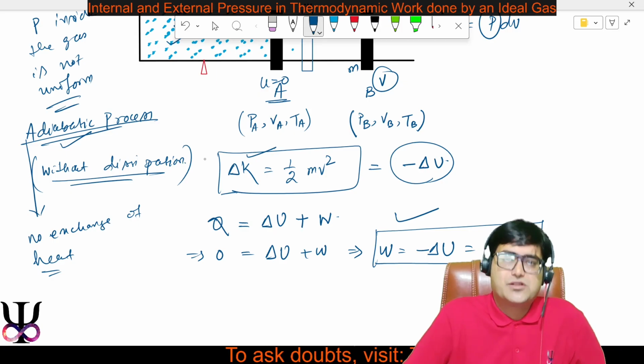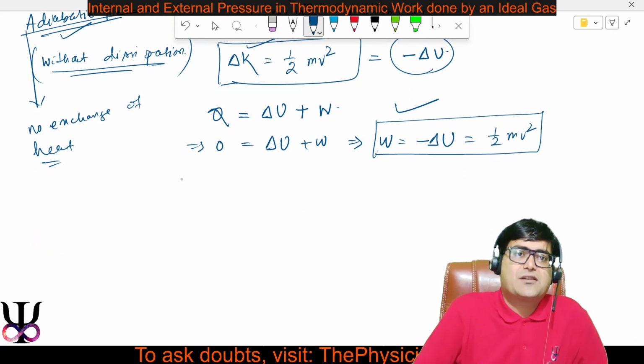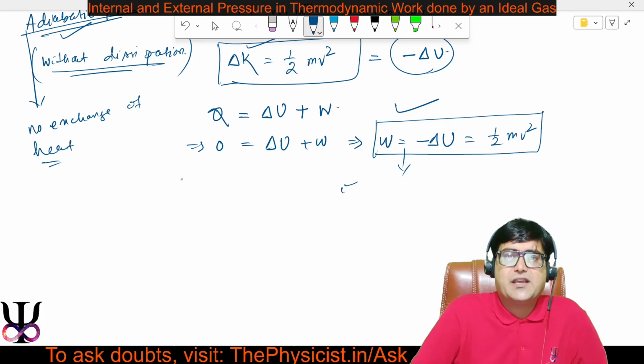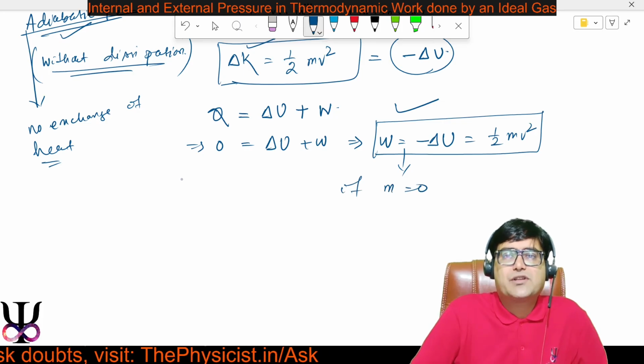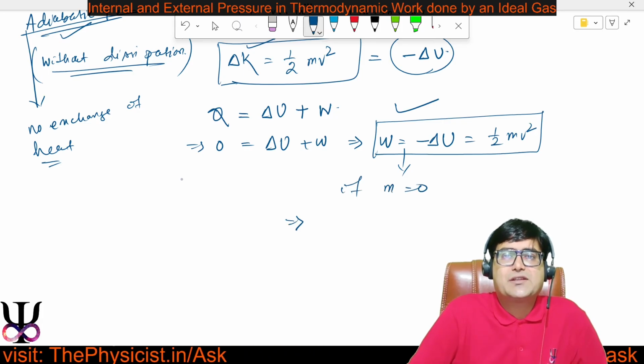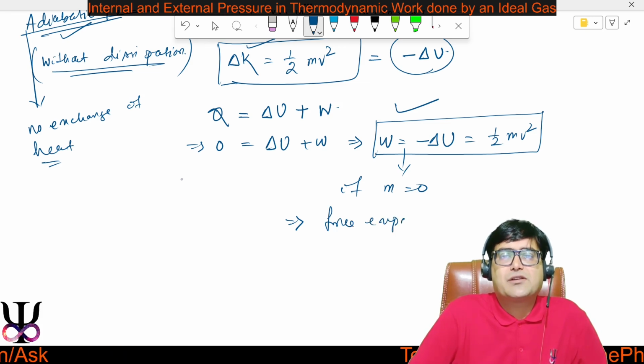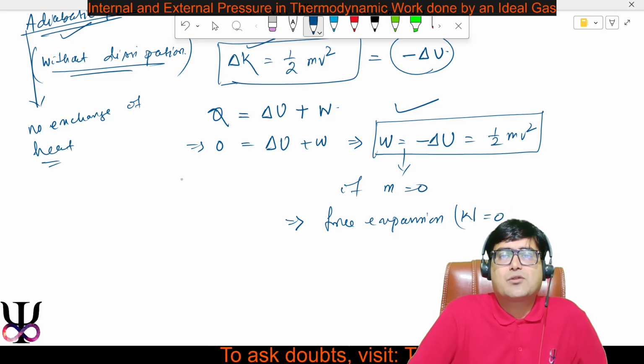So this is exactly how you find the work done if it's a rapid adiabatic expansion without dissipation. In this particular case, if the mass of the piston is zero, it becomes a free expansion in which the work done also becomes zero.